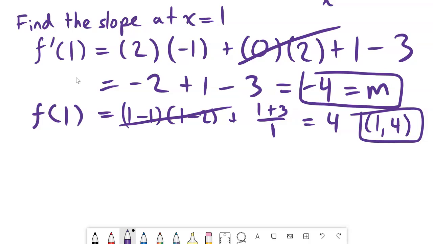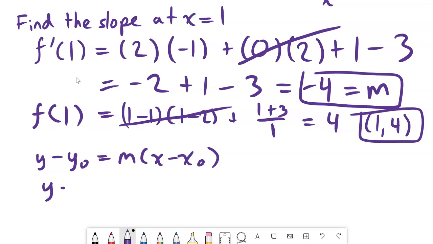So now we can write the equation of the tangent line at x equals 1. Remember that the point slope formula looks like this. So we just, let's see, 4, and then the slope is minus 4. It should be an equal sign. x minus 1. And we're basically done here.